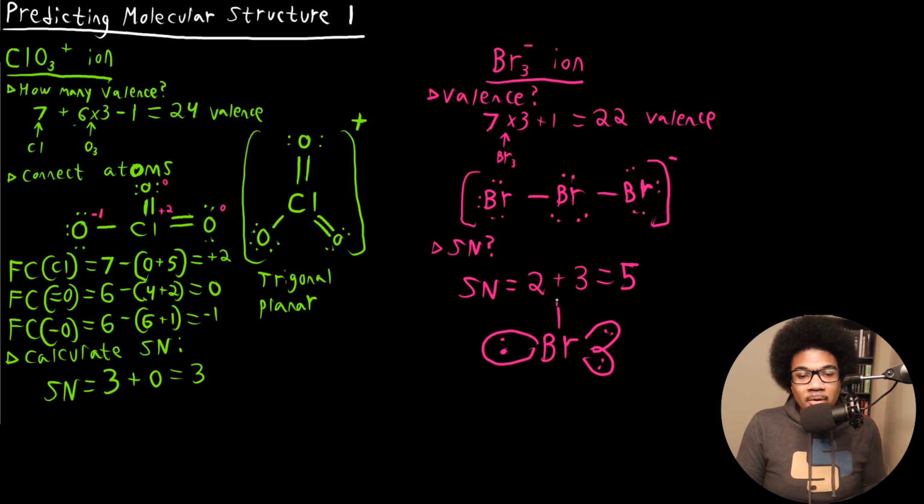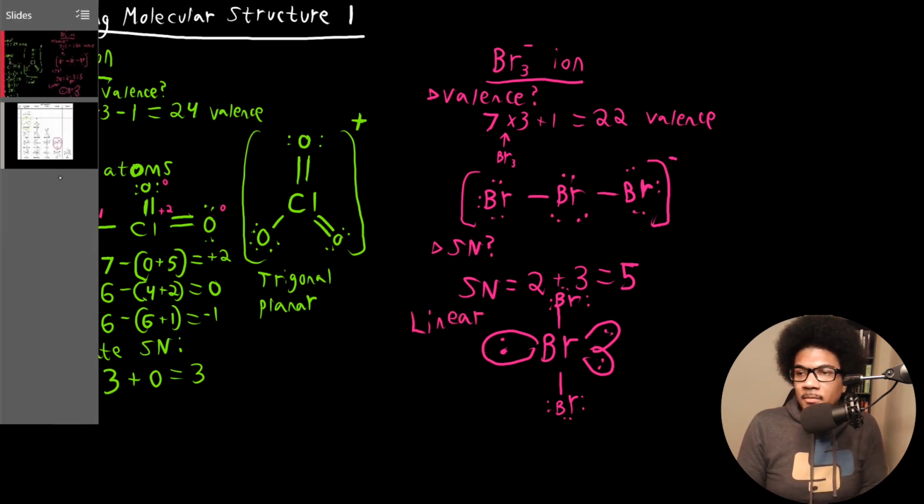And then you have your linear bromines on top and bottom, right? So we'll put our lone pair electrons there. And so this gives you a linear structure where all of the lone pair electrons are pushing those bonded atoms into a linear structure, right? In order to minimize electron repulsion. So this guy is going to be linear, right?